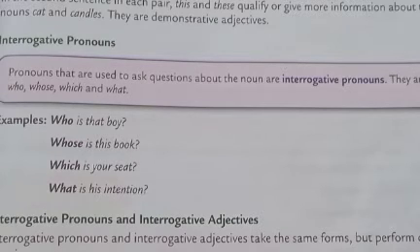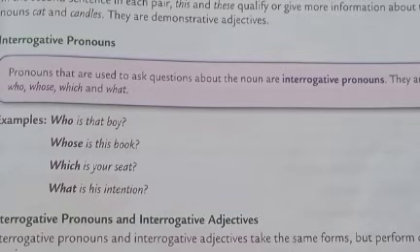So what is today's date? That is an interrogative pronoun. And what day is it today? That is an interrogative adjective. Here the same what is used, and the same words who, whose, which, what can be used for both interrogative pronouns and interrogative adjectives.